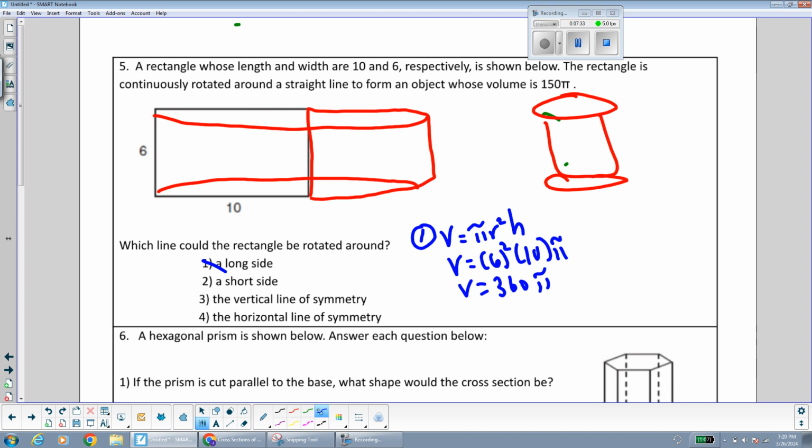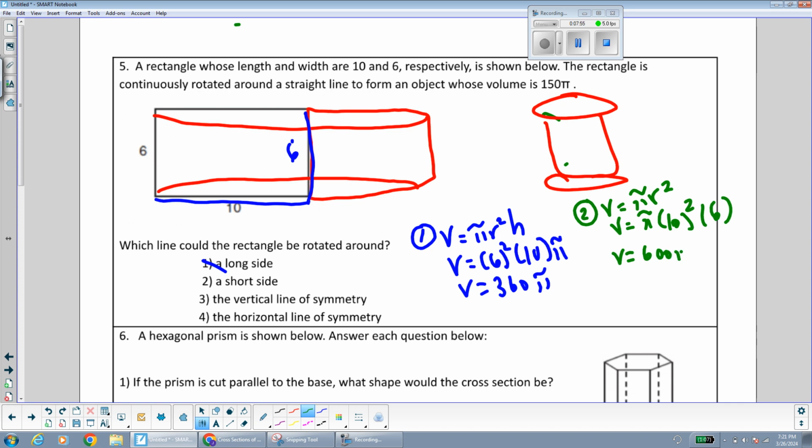And as you can see here, our radius is 10, and our height is 6. So for answer choice number 2, I'm going to plug in our radius of 10 and our height of 6, and that's 600 pi, which is not the answer choice we're looking for still.